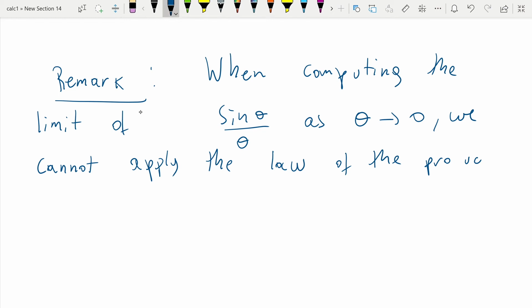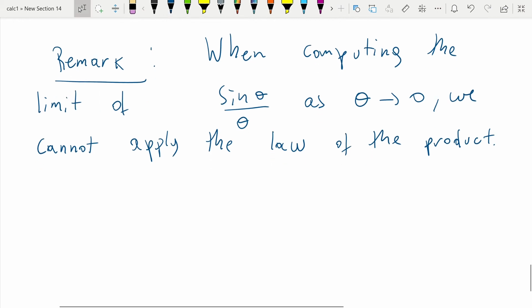Otherwise, everything we've been doing this week would be rather pointless, and we wouldn't go over the trouble of introducing the squeeze theorem. The reason is that this expression is not defined at 0, so you cannot just evaluate.